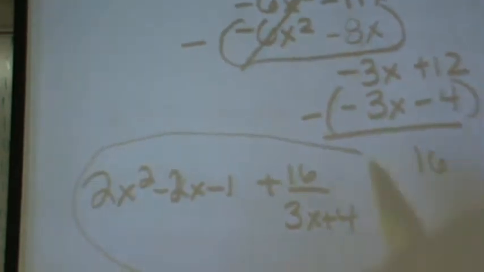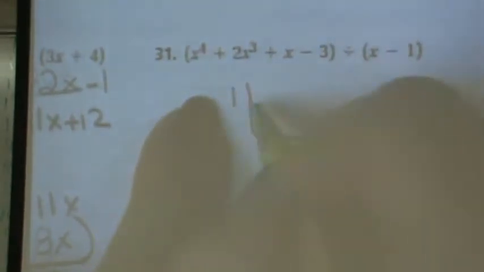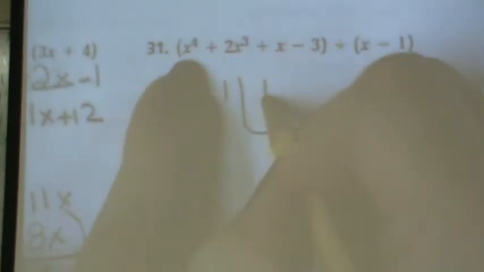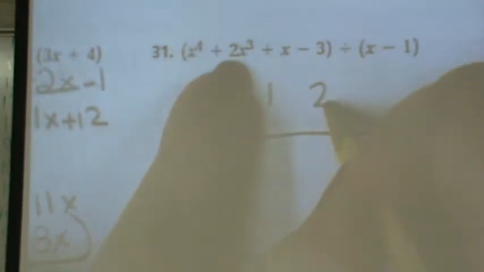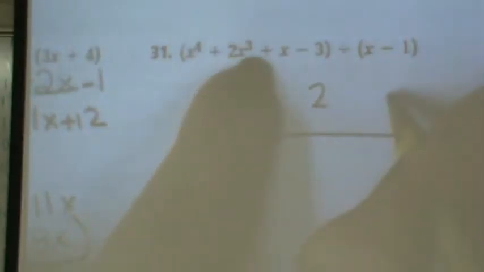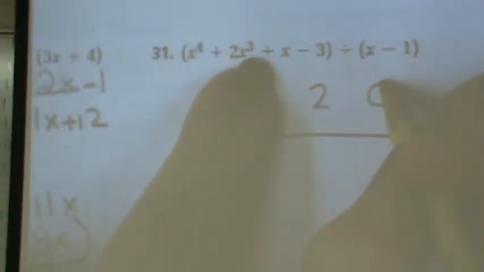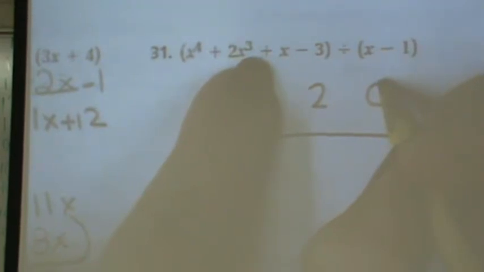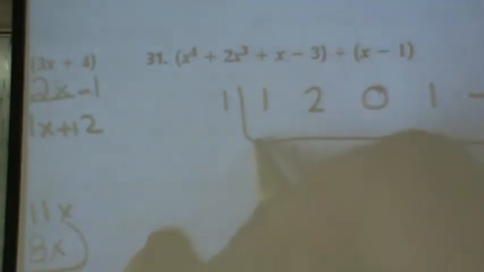That's your answer. The next one, it doesn't say what to do. I'm going to use synthetic division because I can. Put a 1 outside. We have a 1. The next is a 2. Now there is no x squared, so put a 0. And then a 1, and then a negative 3. You need that placeholder, very important.